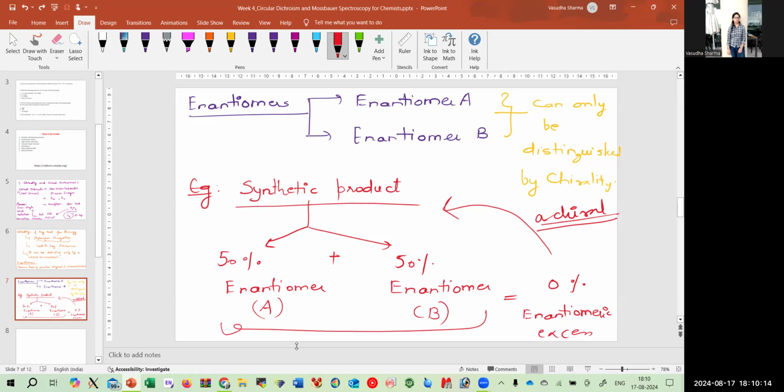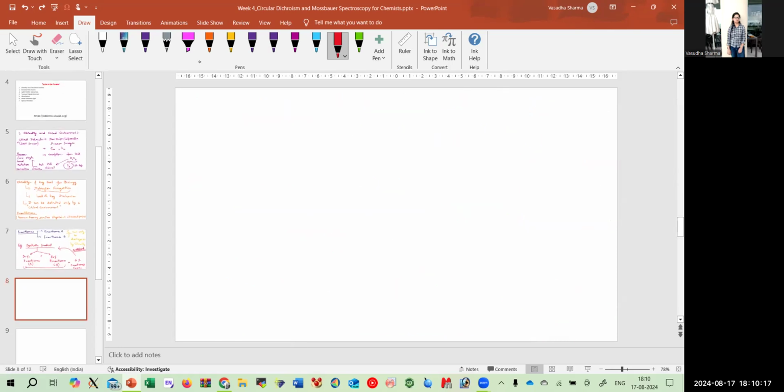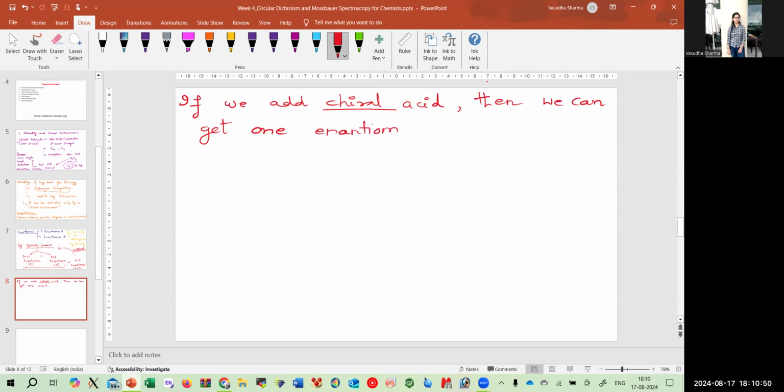What we can do to make it chiral: if we add, say, a chiral acid that reacts with it, then we can get one enantiomer in excess over the other.